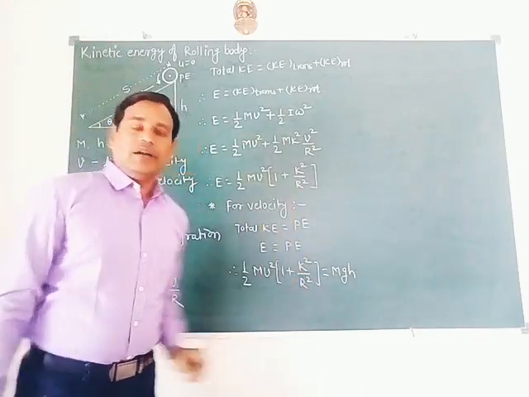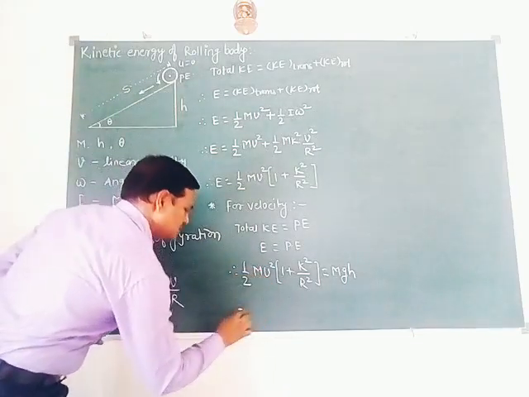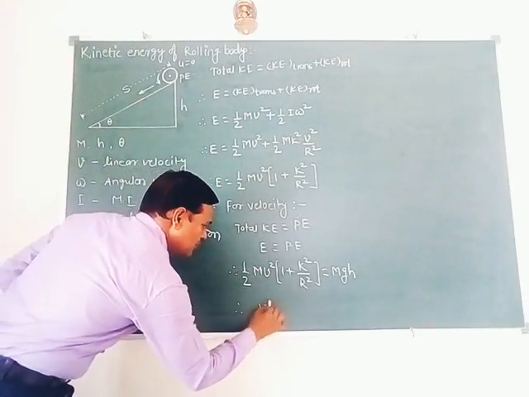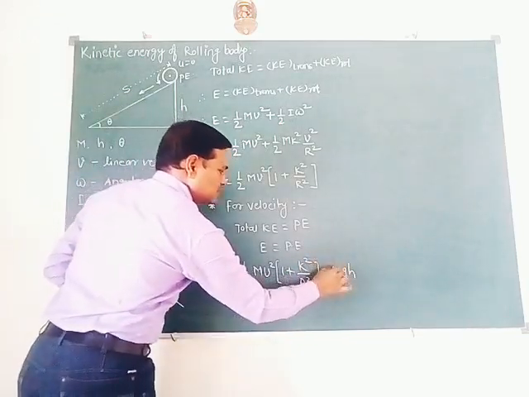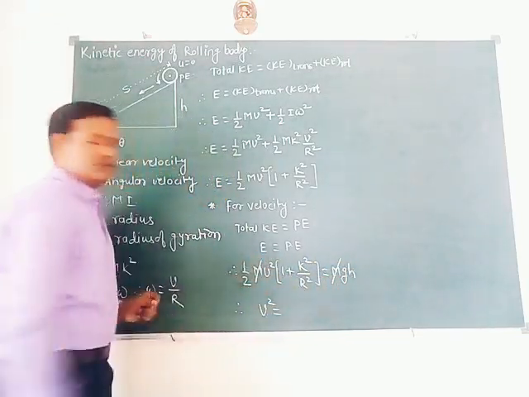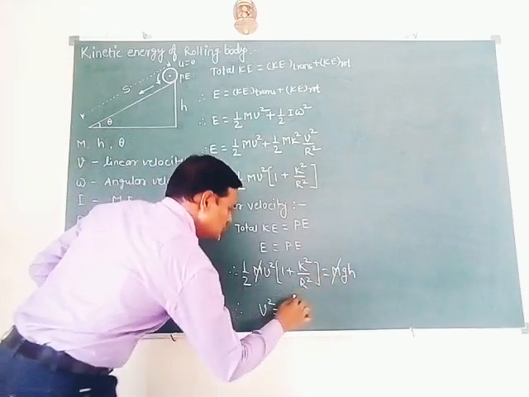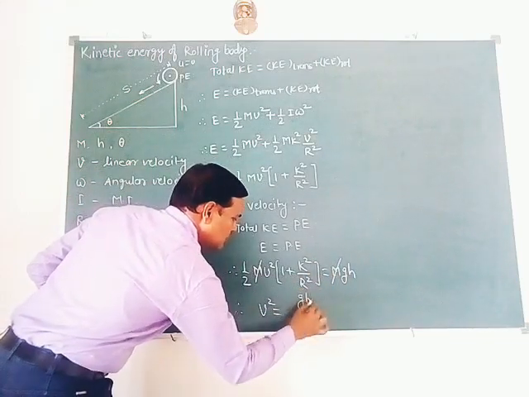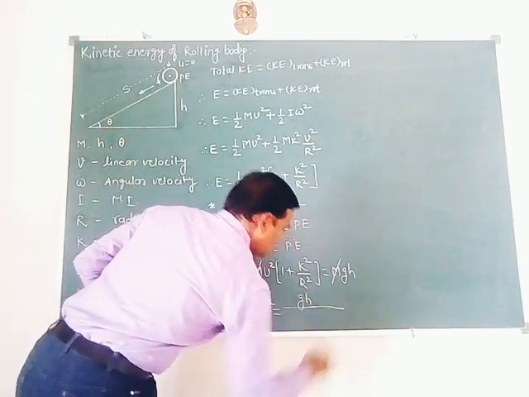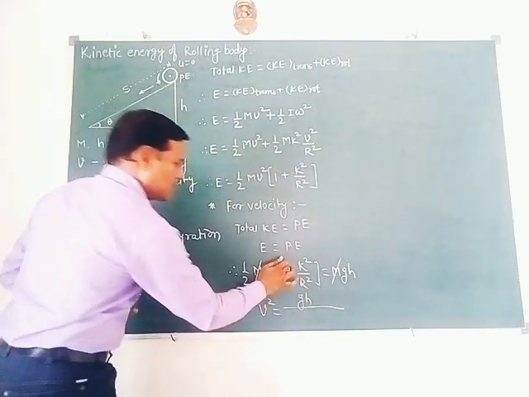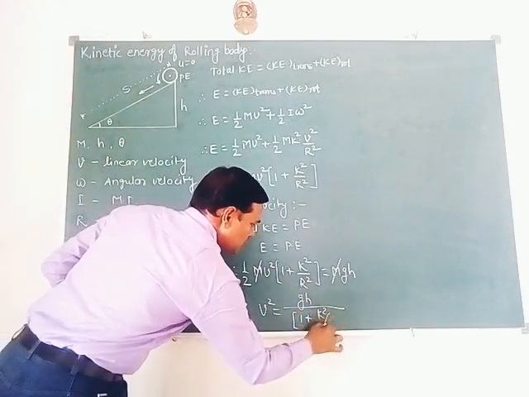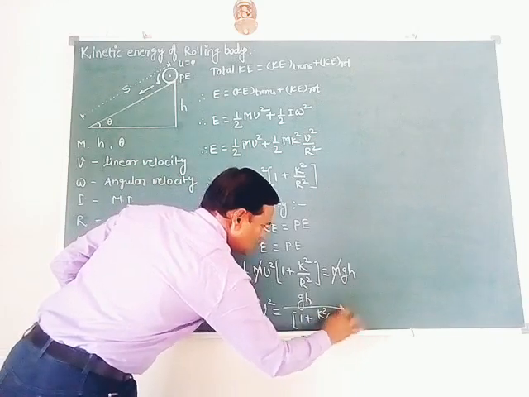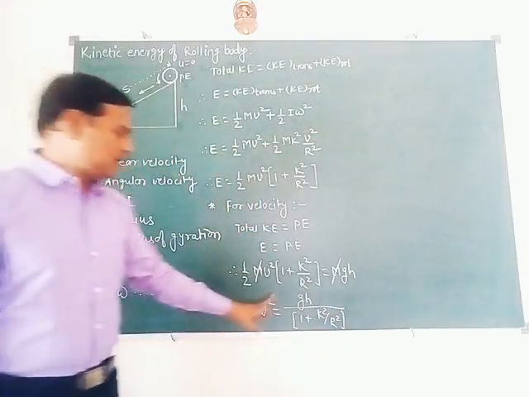So finally we can write this velocity as, therefore V square equal to, here M and M get cancelled, G into H, divided by 1 plus K square by R square. So this is the expression for V square.